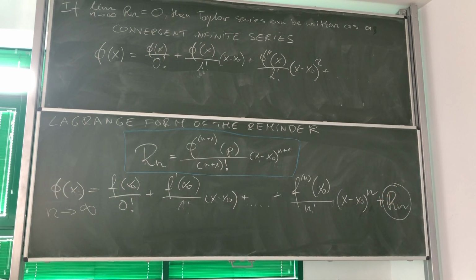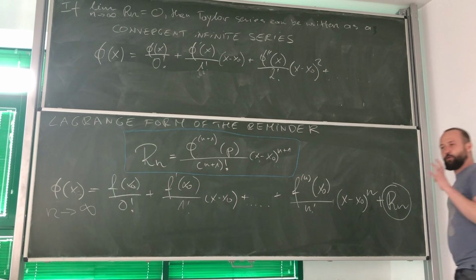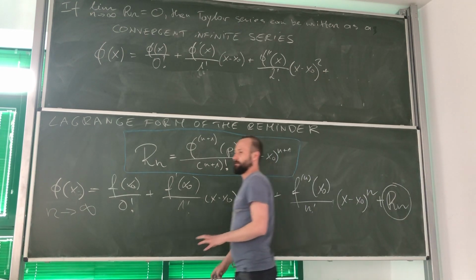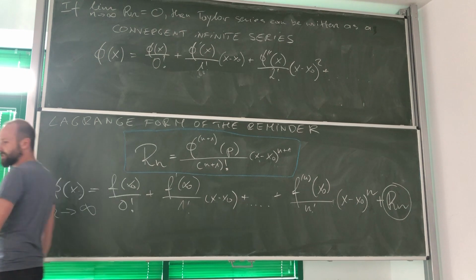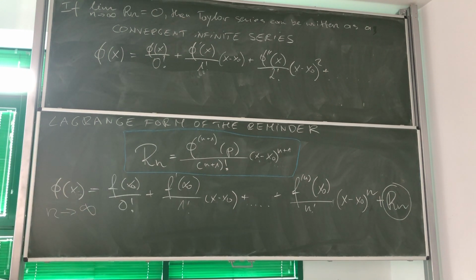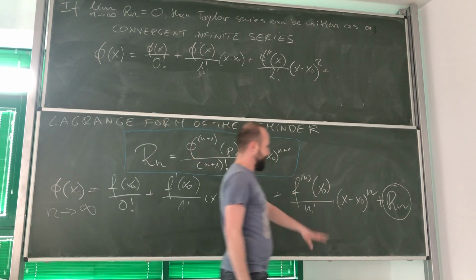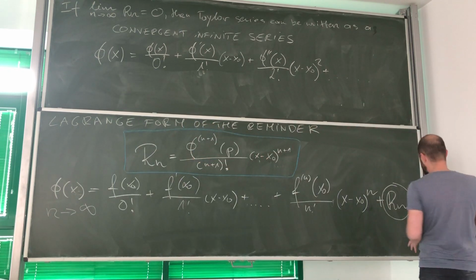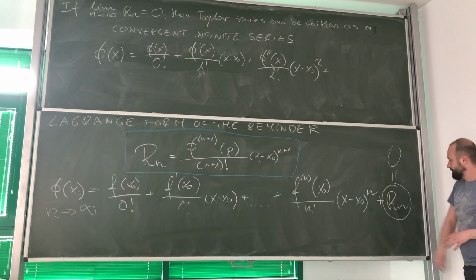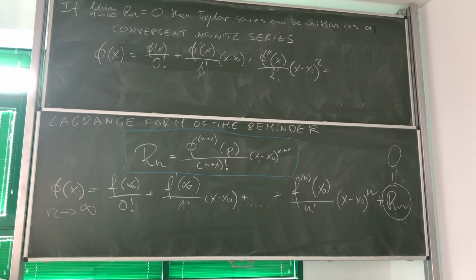We would like to have as good an approximation of a given function as possible. If the approximation were perfect, the remainder would be 0.